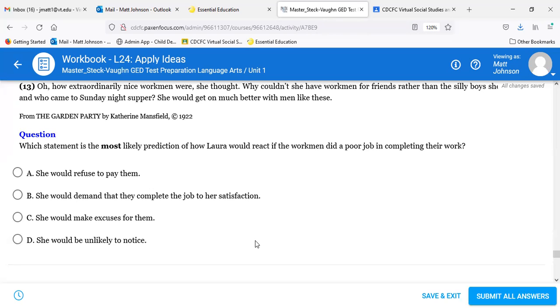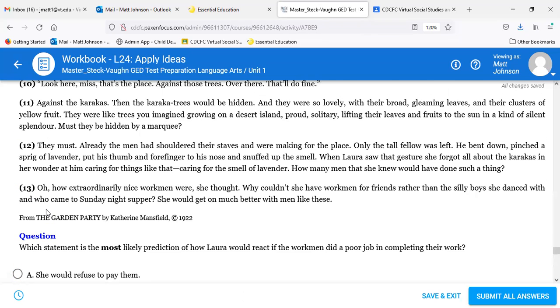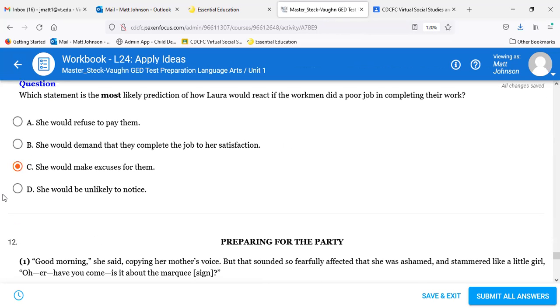And D, she will be unlikely to notice. B. So yeah, it's C. She would make excuses for them. She seems the type, she's kind of easygoing. She might be kind of proper. She likes buying things, but considering her last paragraph there, "Oh, how extraordinarily nice the workmen were," she thought, why can't she have workmen for friends rather than the silly boys she danced with? So she likes them, and she would probably make excuses for them.